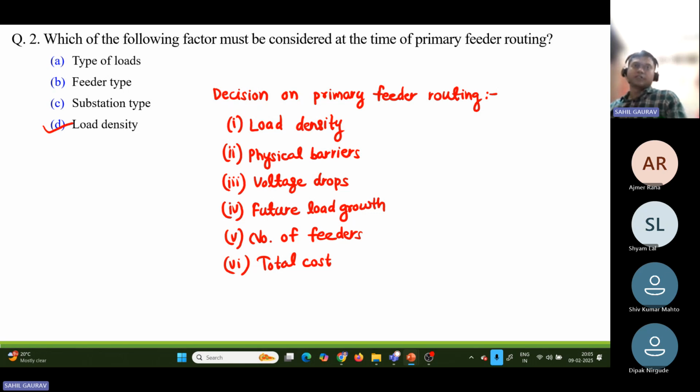So these are the factors that we consider at the time of primary feeder routing. If we see here, load density is matching with the option. So D option is the correct one.